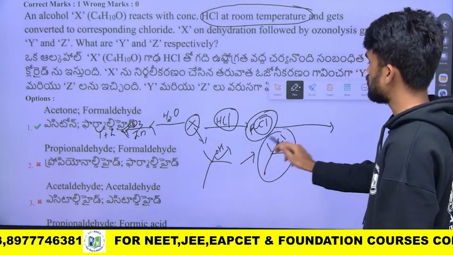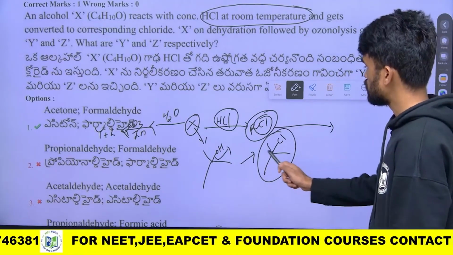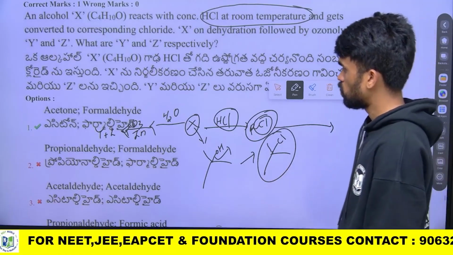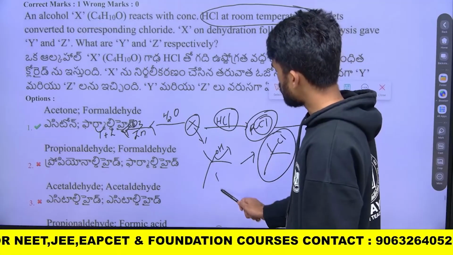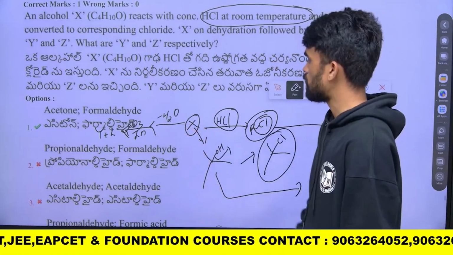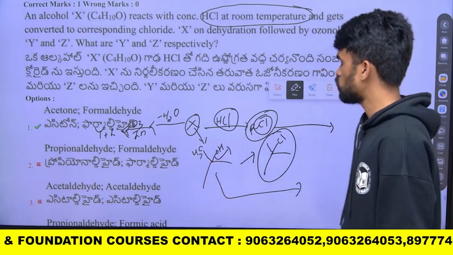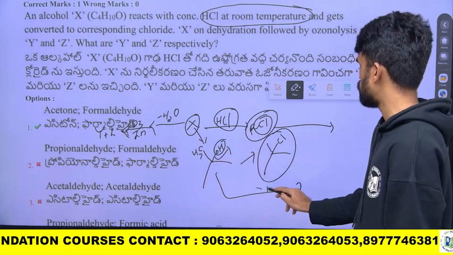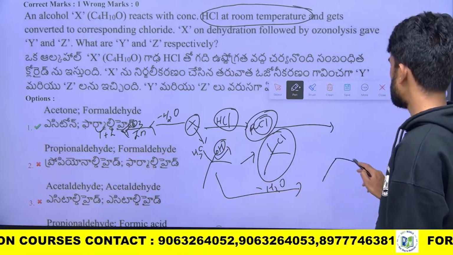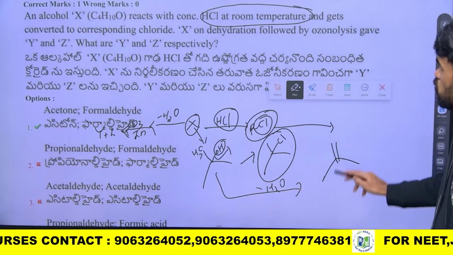So this is the tertiary chloride formed. Okay, this happens at room temperature only. Now X upon dehydration, removal of water, they are saying. So here a methyl group hydrogen and this OH you should remove as water. Therefore we can get this alkene as a product.